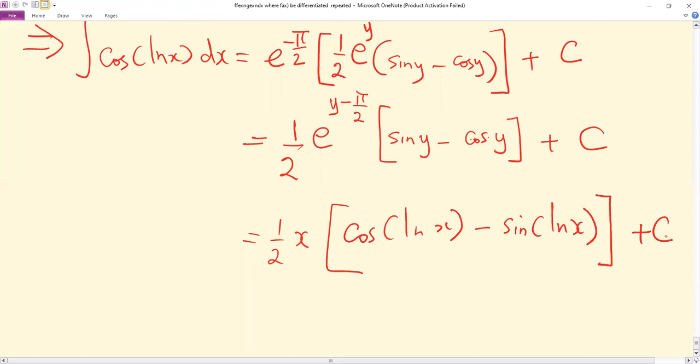Remember, what is making us say cos of y is the same as sine of ln of x?